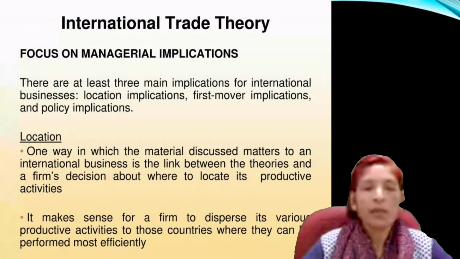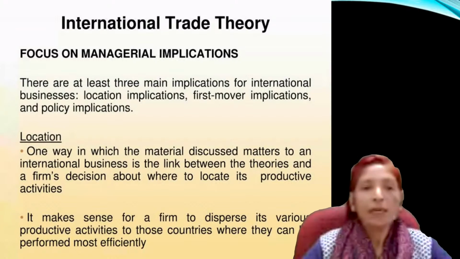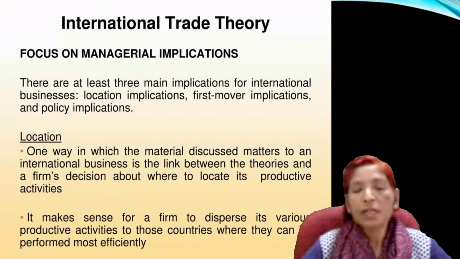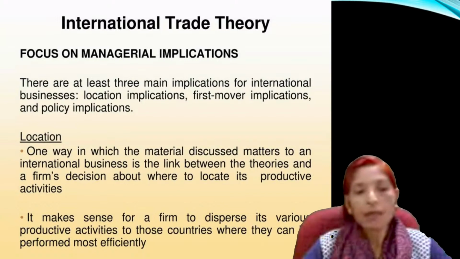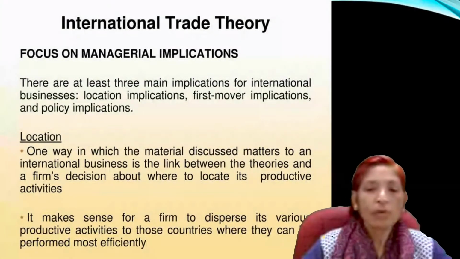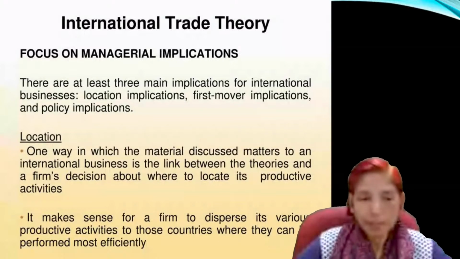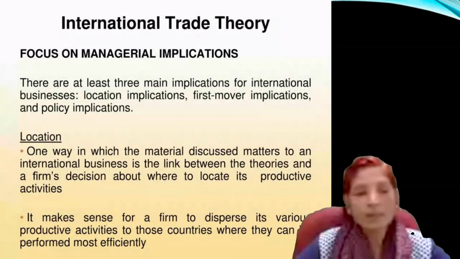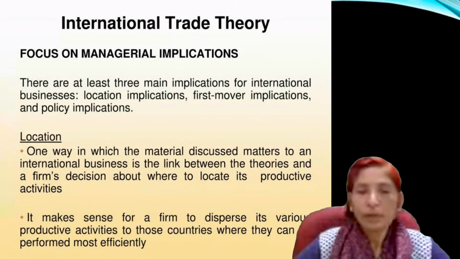Number one is locational implication. One way in which the material discussed matters to an international business is the link between the theories and a firm's decisions about where to locate its productive activities. It makes sense for a firm to disperse its various productive activities to those countries where they can be performed most efficiently.